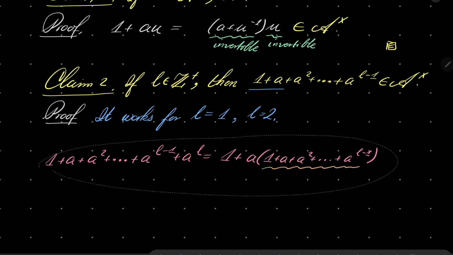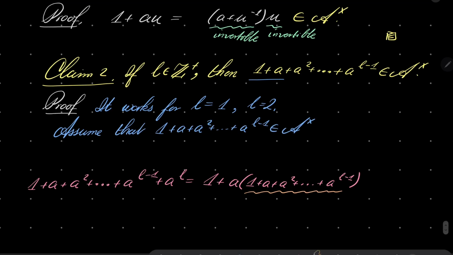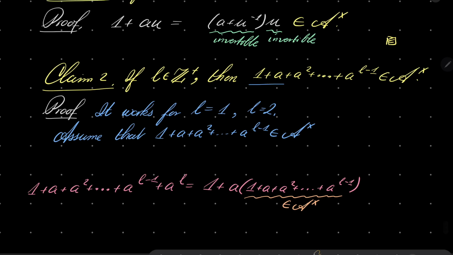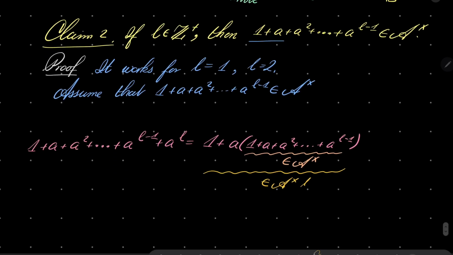Maybe I will write a comment. Let's assume that 1 plus a squared and so on plus a to the power L minus 1 is invertible. We are doing an inductive proof. So this is invertible by assumption. Which means that this entire thing is also invertible by claim number 1.